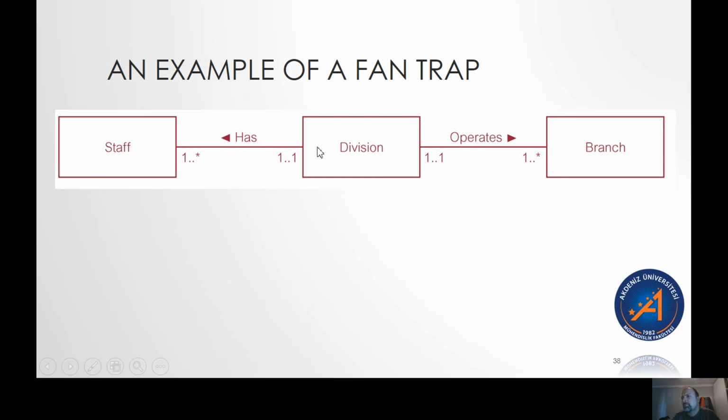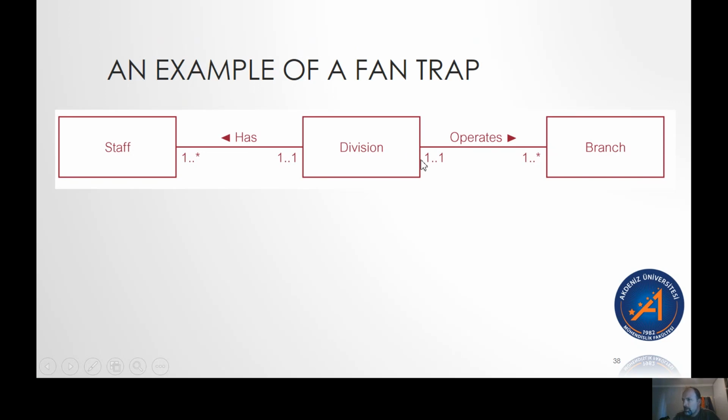And we could also say a department, or in this case, the example here is the division operates branches. Maybe this could be the courses, right? So we say the department offers courses, and this looks like the normal type of relationship here too, right?